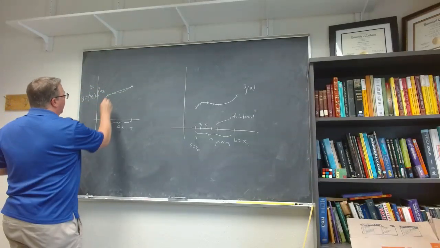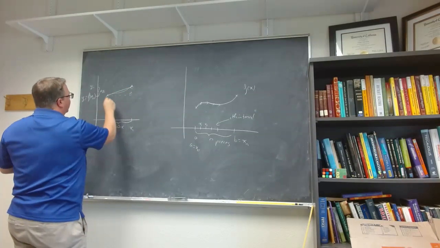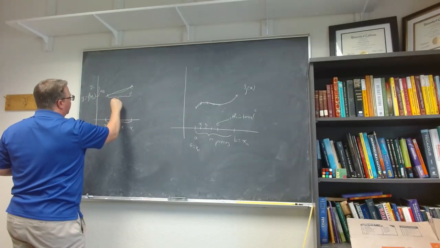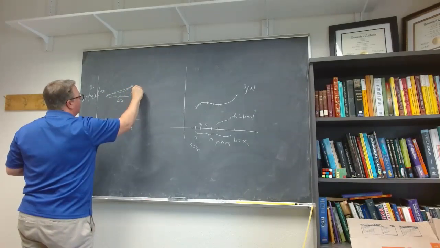And if I draw this right angle triangle right here, you'll notice that this length on my triangle is delta x, and this height is the change in y, delta y sub i.